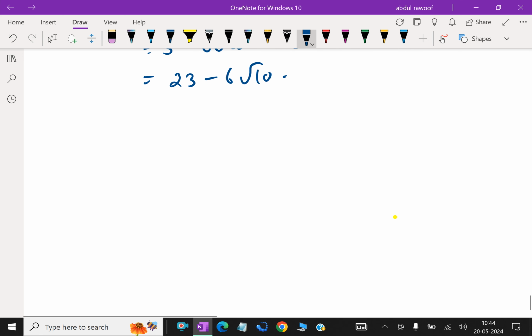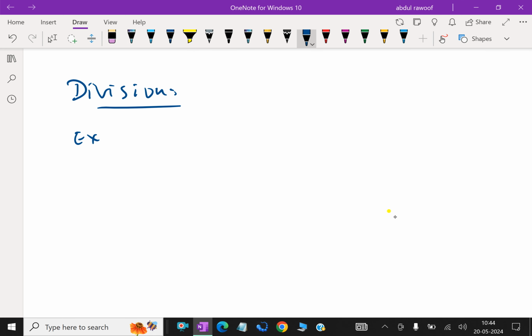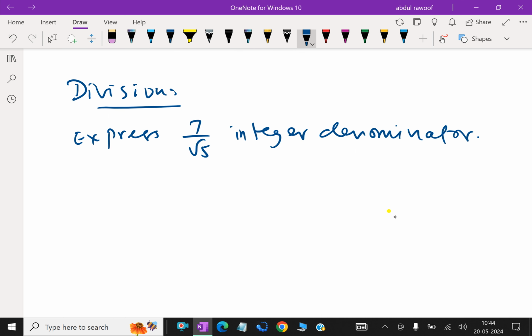Next one, we'll discuss the division of surds. Here, express 7 over root 5 with an integer denominator, which means the denominator should be an integer, not in surds.